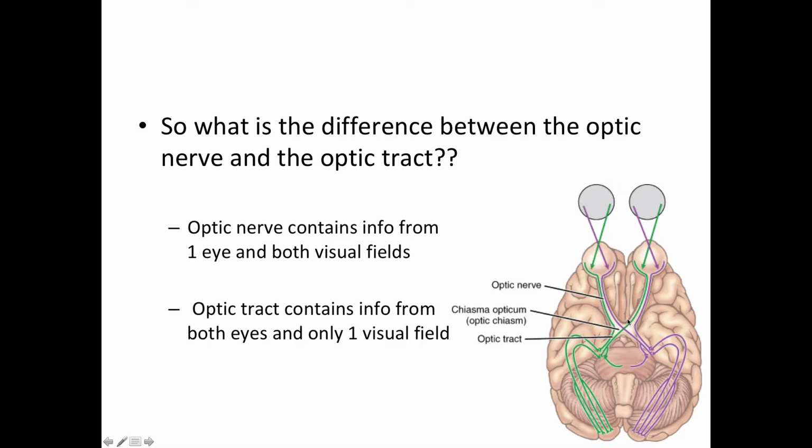If you go to the optic tract, which is right here, it contains information from both eyes, but only from one visual field. So the optic tract goes directly to the brain, and the optic nerve is directly behind the eye, before the optic chiasm. I know those terms are super confusing, so I highly recommend drawing this out in different colors.